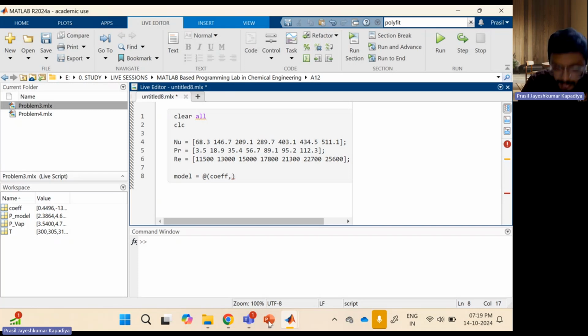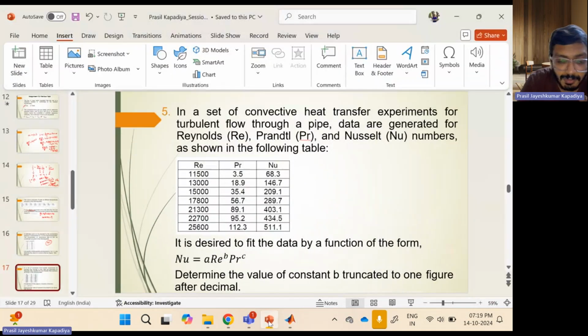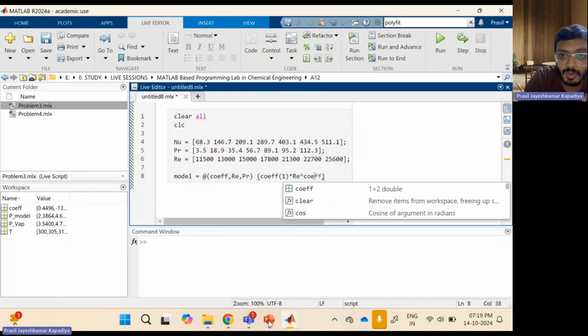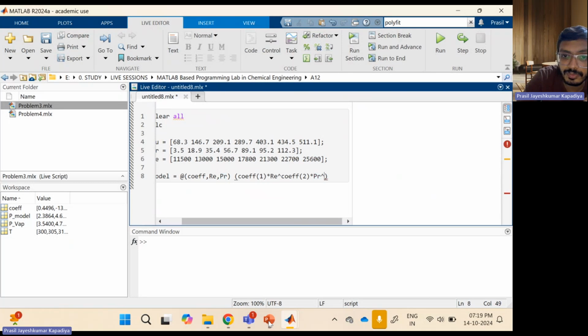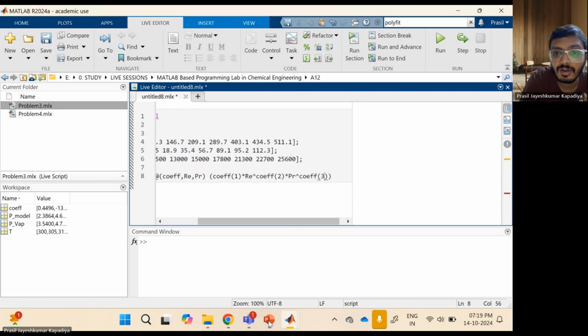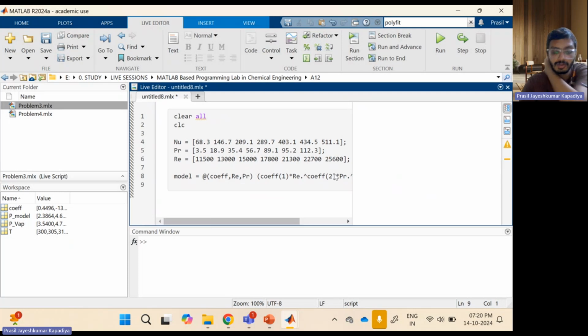So I want to write it down as this Reynolds number, comma, Prandtl number. So first is coefficient of 1 into Reynolds number raised to coefficient of 2 into Prandtl number raised to coefficient of 3. Okay, so one very important thing we need to note here is we need to put the dot. This is how we can write it.